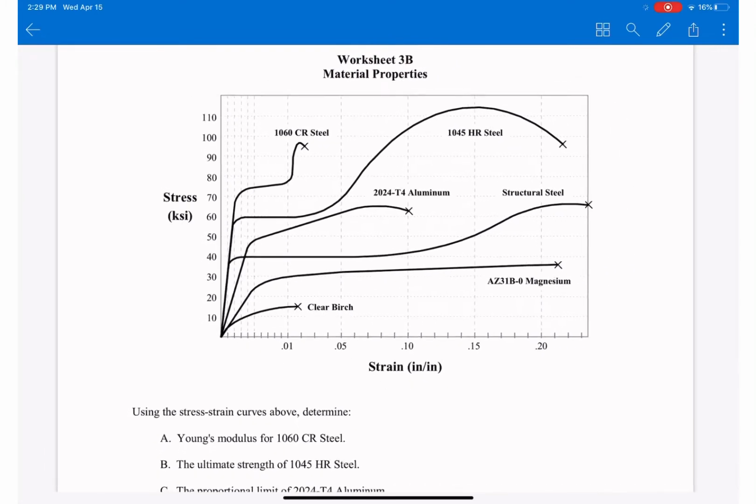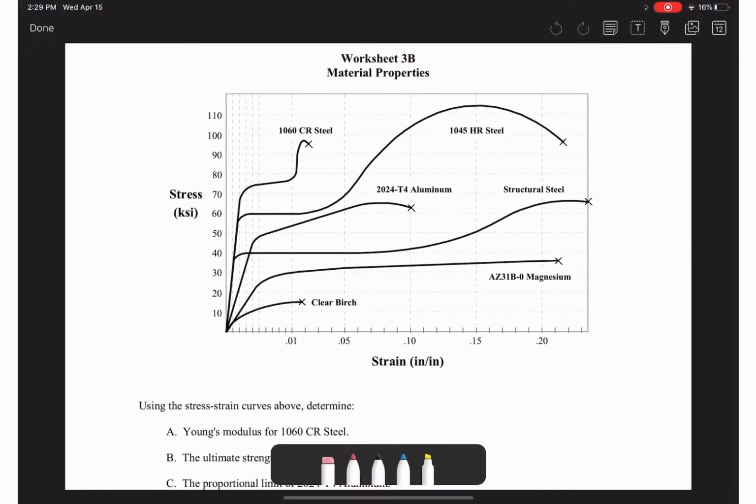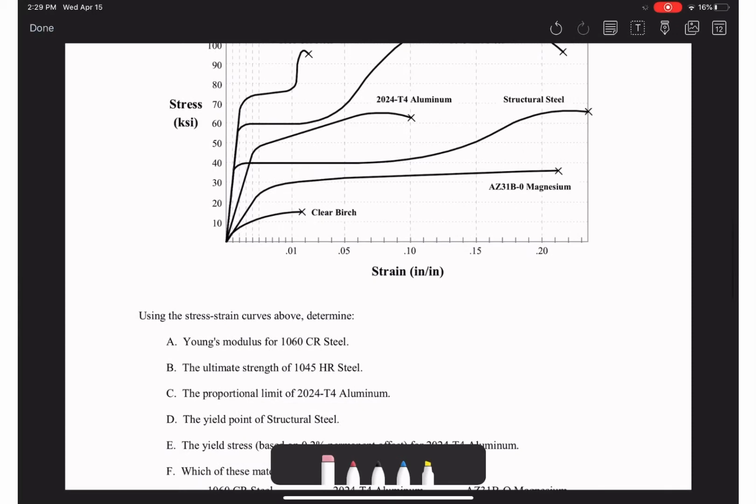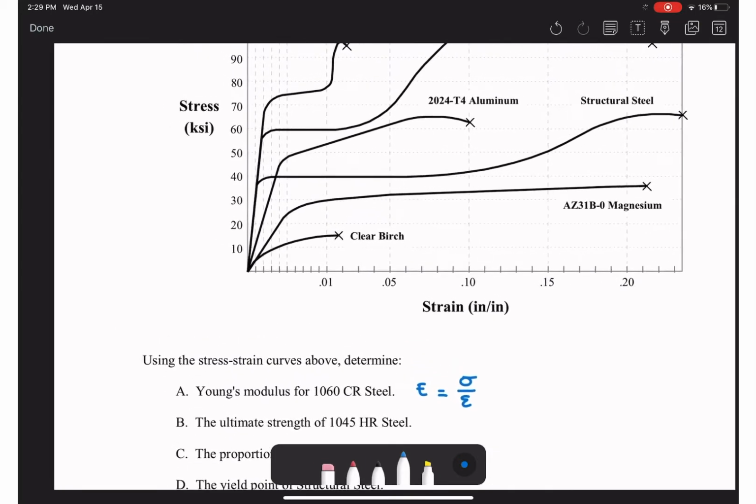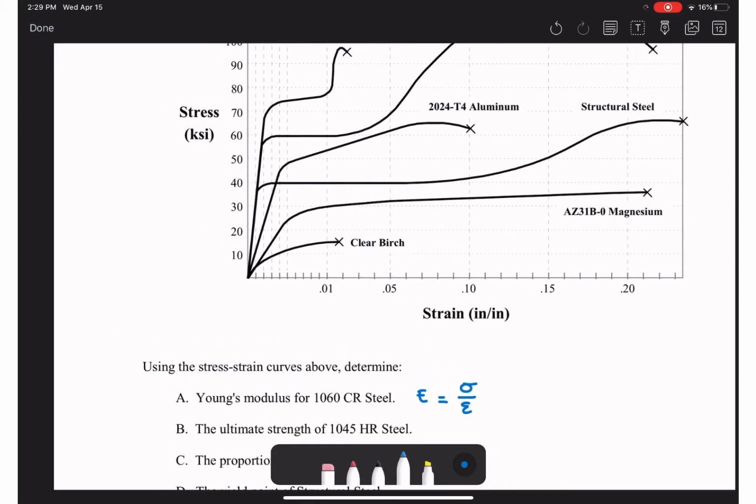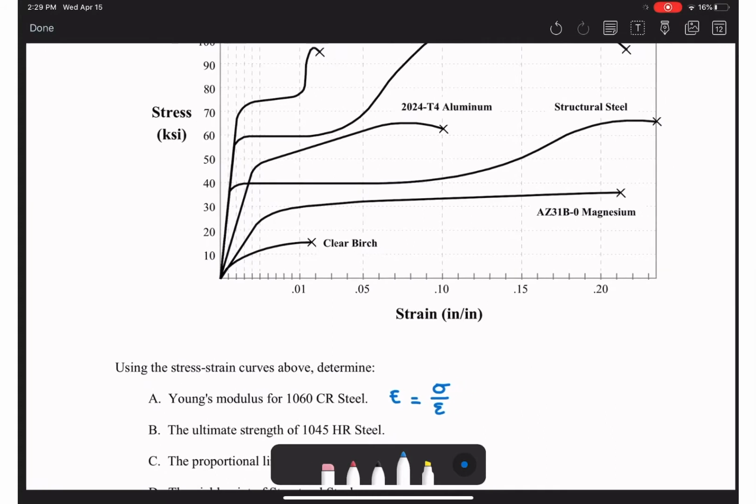If you recall the equation to find the Young's modulus, E is equal to sigma over epsilon, the normal stress over the normal strain, in the linear portion, the elastic region. So we take it at 0.1%.